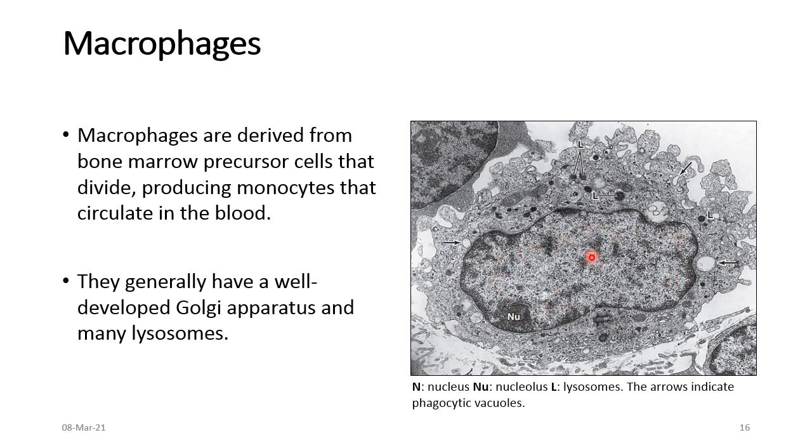N stands for nucleus, and this is a nucleolus. We find lysosomes later. These dark dots are lysosomes. And these arrows indicate phagocytic vacuoles. This and this and this are phagocytic vacuoles near the cytoplasmic processes. So this is a macrophage, how it appears under transmission electron microscope.